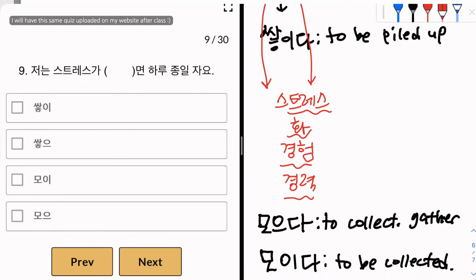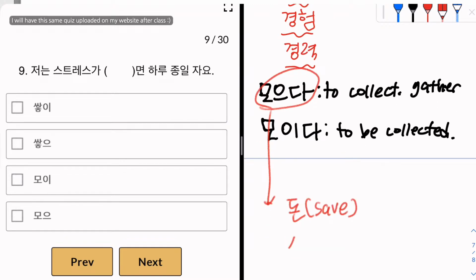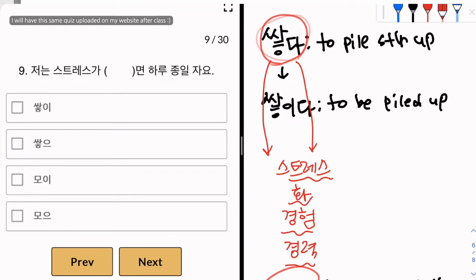And we learned that 모으다 usually goes with nouns like 돈, right? 돈 means money, and if you say 돈을 모으다, it means you're saving up money, and it can also be used for people, like you're gathering, collecting people in order to form a team or organization. So it can be used with these nouns. And I also shared a tip that when you're memorizing the verbs, it would be helpful to memorize the nouns that go with them together.